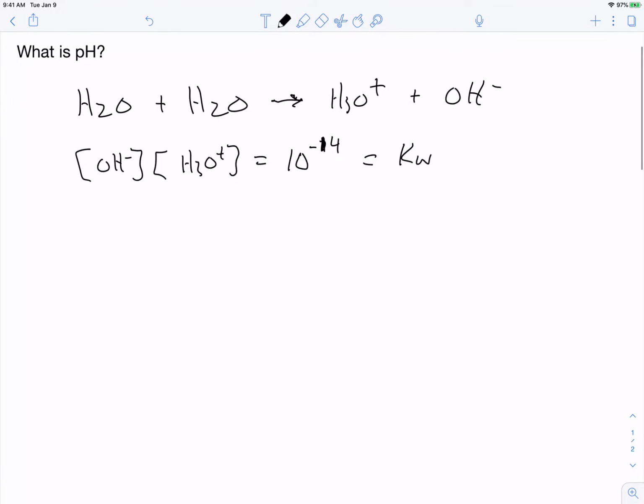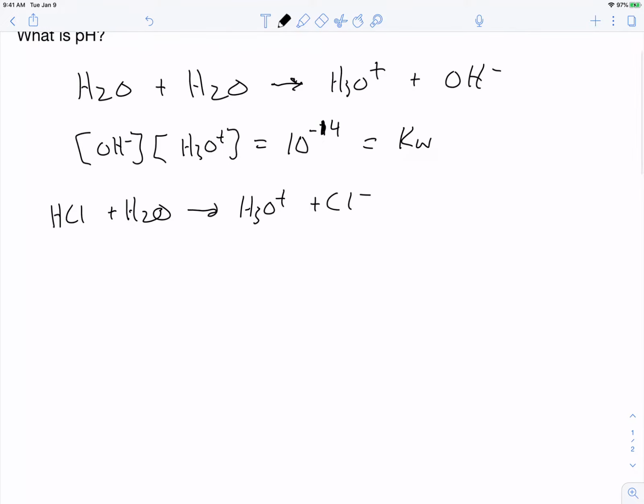So, if I put hydrochloric acid into water, it ionizes 100%. What if on the bottle it says 0.01 molar hydrochloric acid?